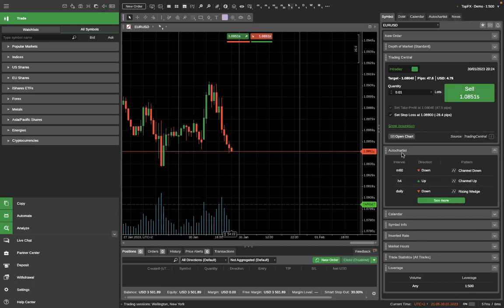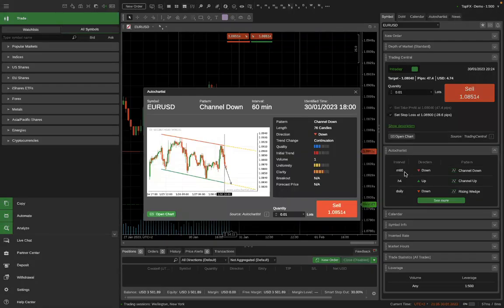So let's take a look at the auto charts. Let's say we are trading on the hourly interval, and what we see here is a pattern. The pattern name is a channel down, and as you can see, we got this movement to the downside in the 60 minute interval.